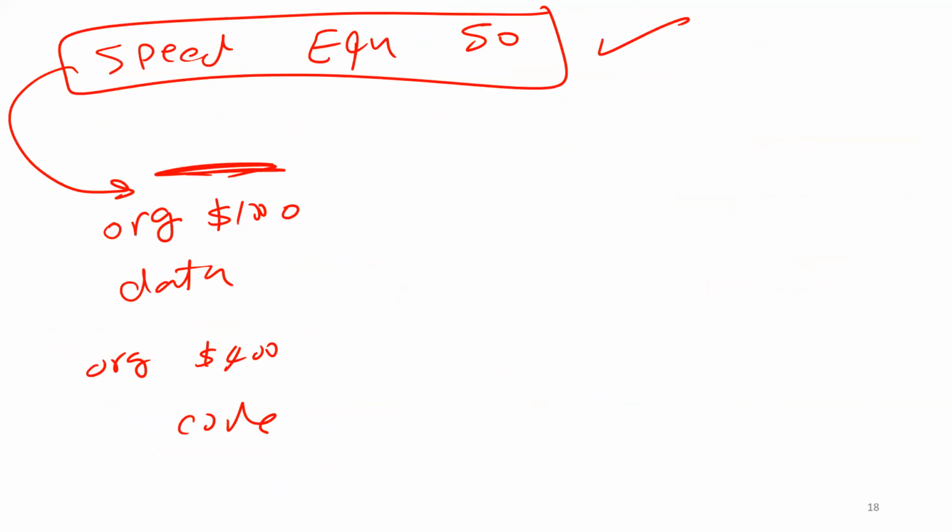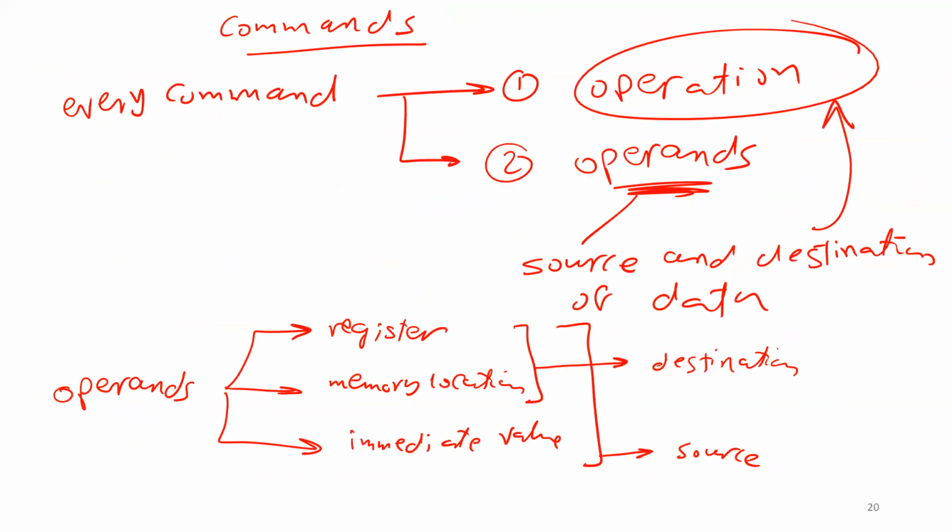So here, guys, look here. In any programming language, every command or every instruction has to tell two things. It has to tell what operation you want to do. I want to subtract, I want to multiply, I want to divide. So you have to tell what operation.